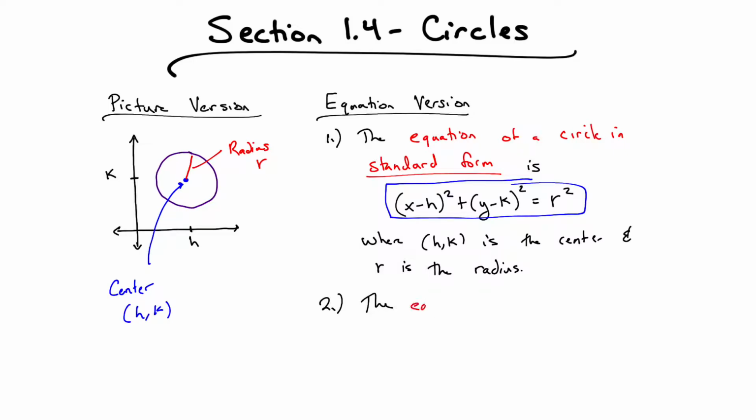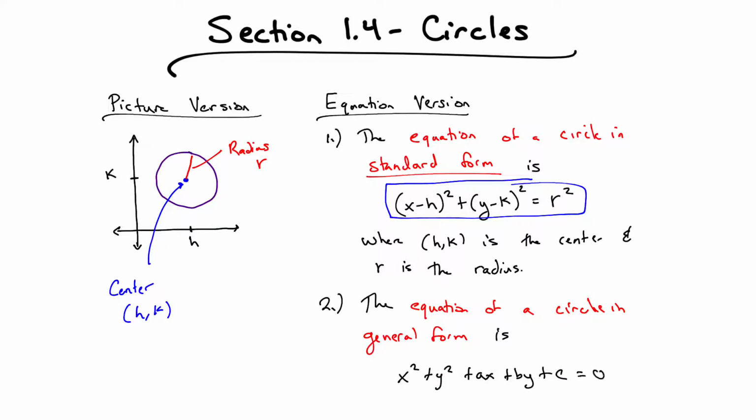The equation of a circle in general form is x squared plus y squared plus ax plus by plus c is equal to 0. Honestly, the best form is standard form, but every once in a while this form might be useful. And I want to add one note on the next page, which has to do with how we go from one to the other.